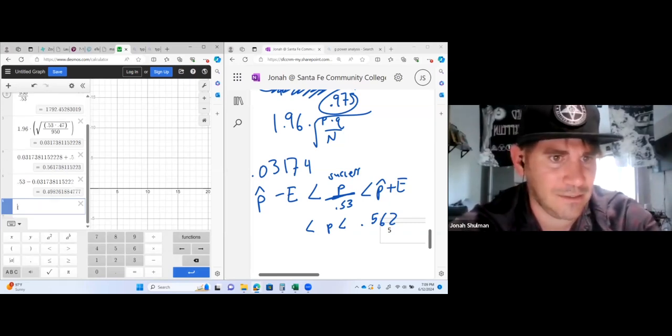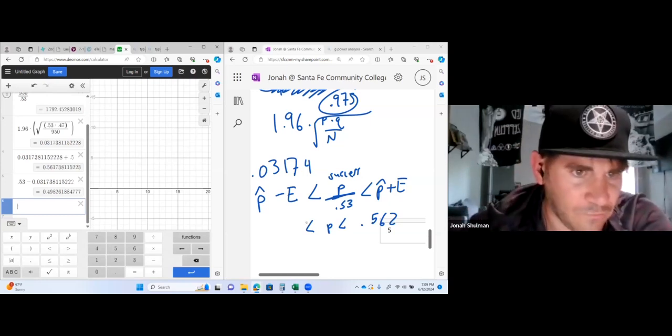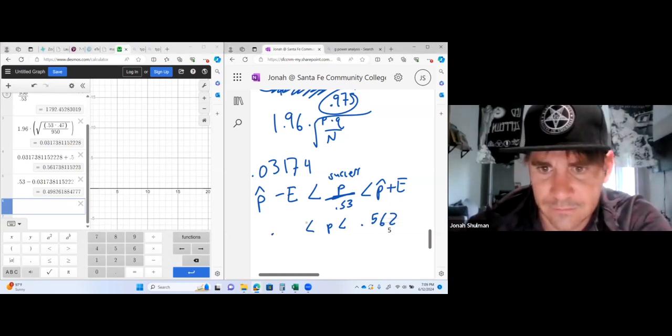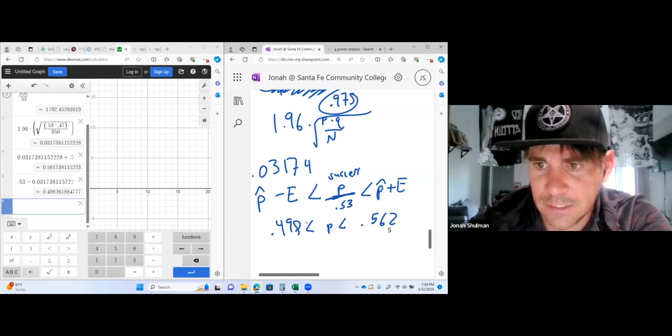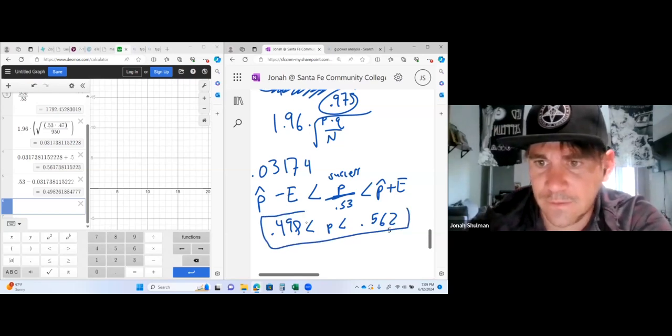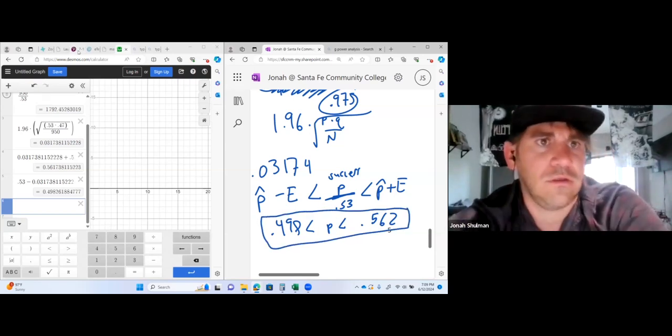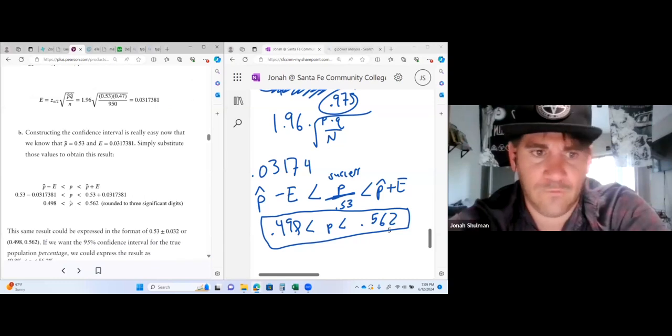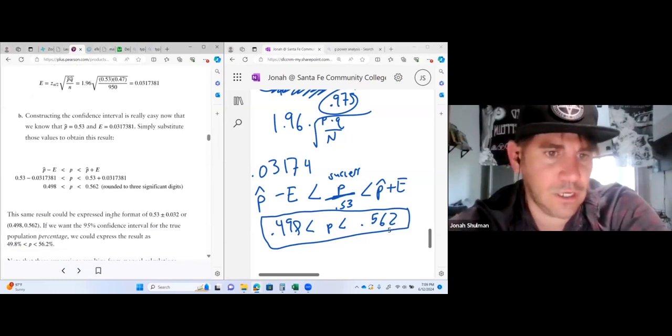0.53 minus that, and 0.498. I believe it's the exact answer that they've got in the book. That's how you get it. 0.498, 0.562, ta-da.